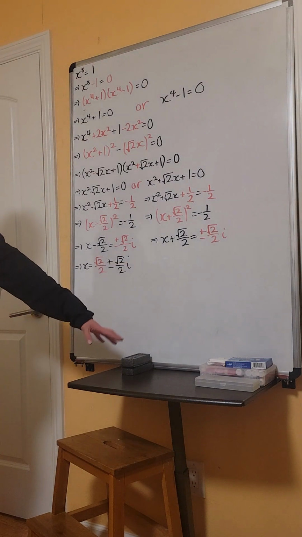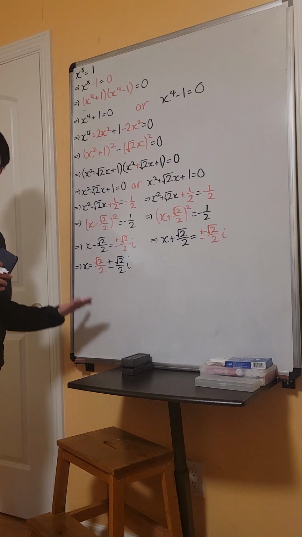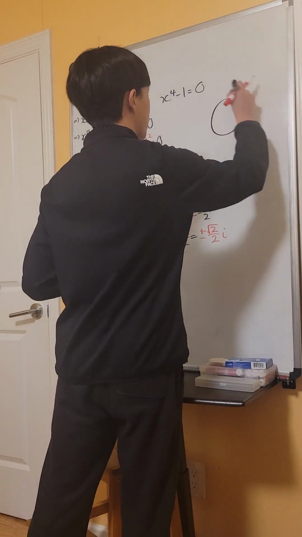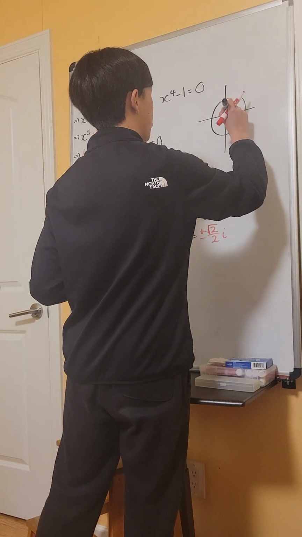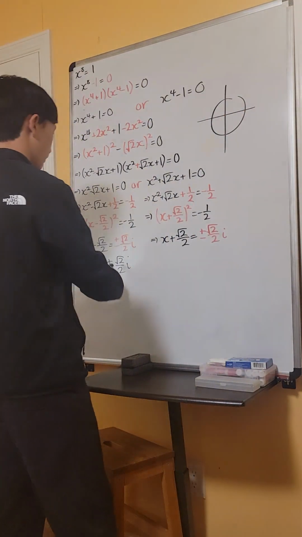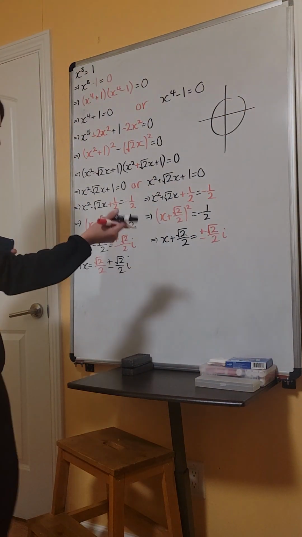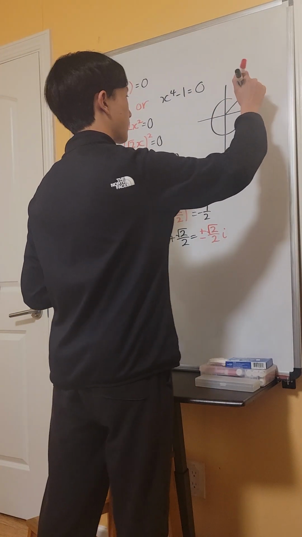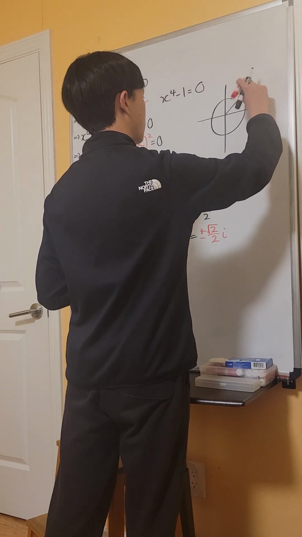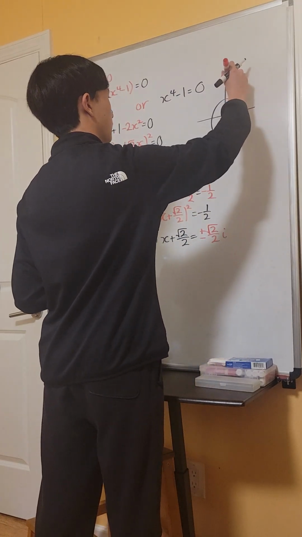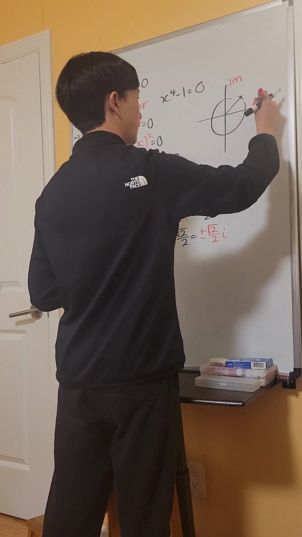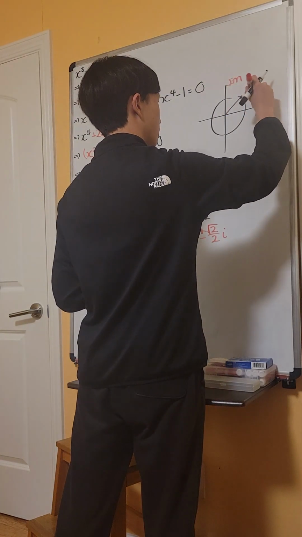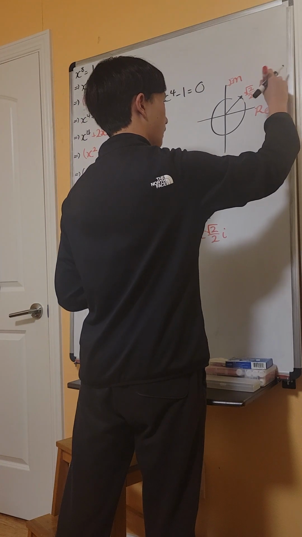And if you were to do the complex analysis for this, it has a very nice geometric reasoning. If I go on a quick short side tangent here, if you do root 2 over 2 plus root 2 over 2i, it's this coordinate right here. If this were the imaginary axis and this were the real axis, this number right here would just be root 2 over 2 plus root 2 over 2i, right?